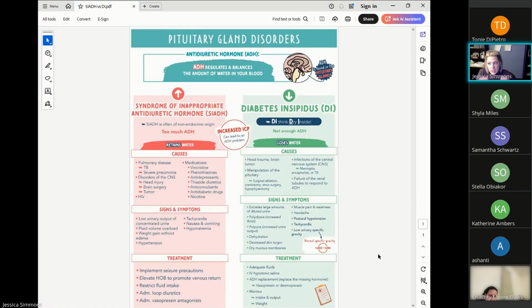With SIADH, it's the opposite: you have a high urine specific gravity because everything is so concentrated. It's like putting a tablespoon of water and a tablespoon of salt together. That is super thick and concentrated. That's your SIADH. Now with DI, I have a tablespoon of salt, but I have a gallon of water. Does that make sense?